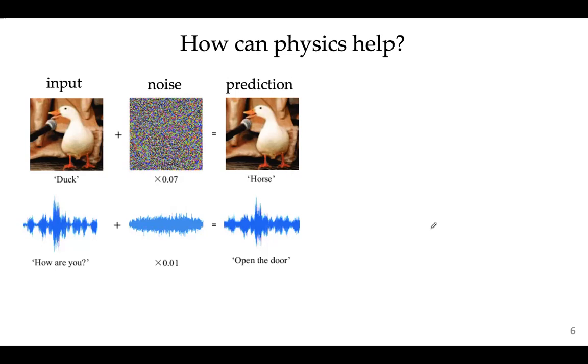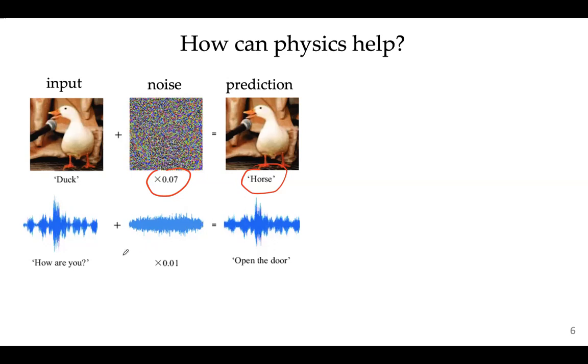If you feed the input picture, like this one, with some noise, almost like 7%, which is pretty low, then the prediction becomes irrelevant. The model makes a wrong prediction.